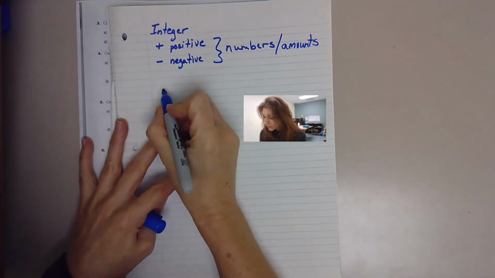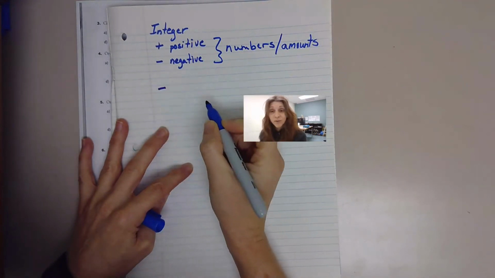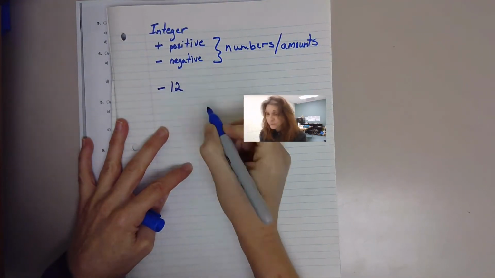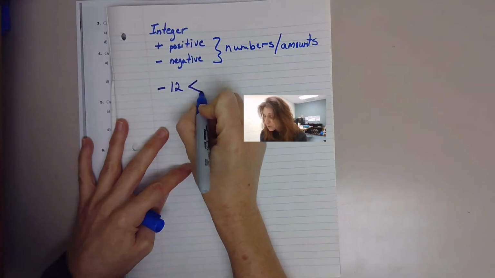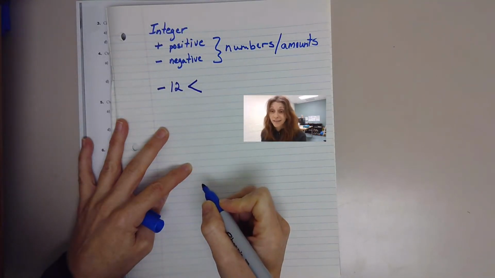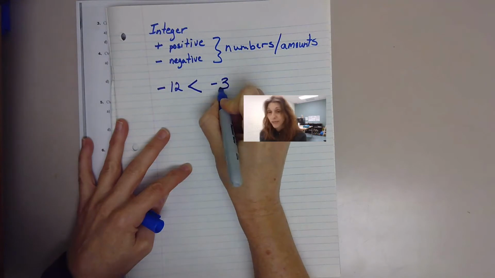Okay, so for example, negative 12 is smaller than, less than, negative 3.